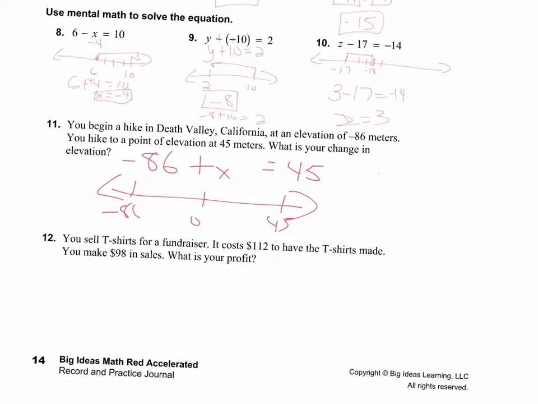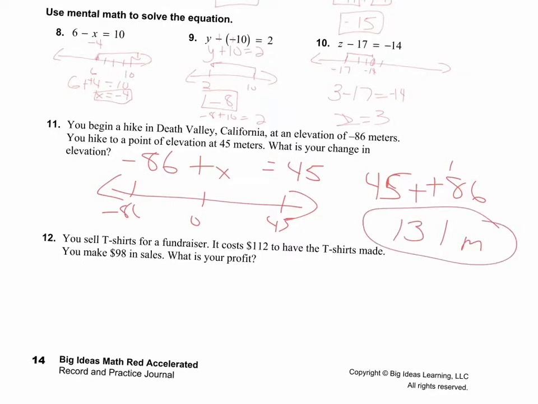I can rewrite this as 45 minus a negative 86 because you will end up at 45, but you have to go to 86. There's double negative, it comes to a positive. 45 plus 86, we carry our 1, 8, 9, 10, 11, 12, 13, so 131 meters is actually how much you just hiked in elevation.